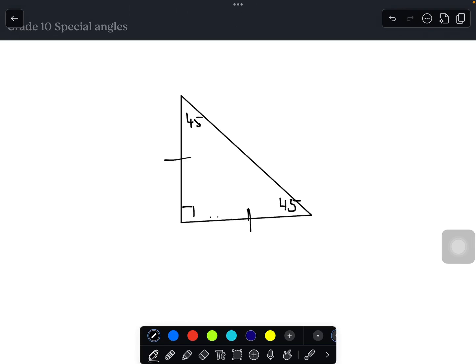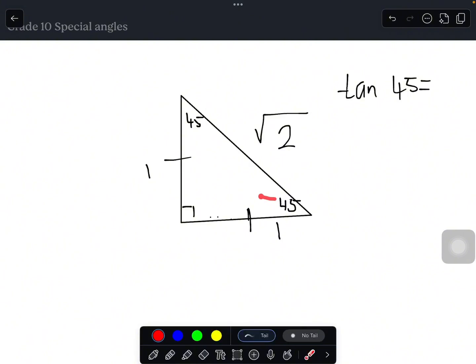Now if we look here, this marking looks like a 1, and that's actually the length of this side. So this is going to be 1, 1, and the square root of 2. If I wanted to know what tan 45 was, for example, I'd say it'll be my opposite over my adjacent, which will be 1 over 1, which would just equal 1.